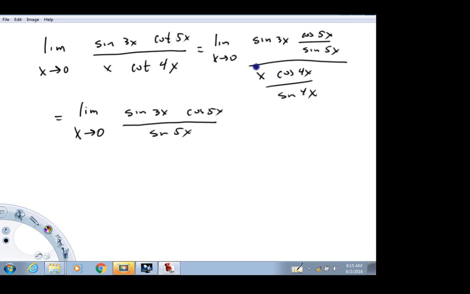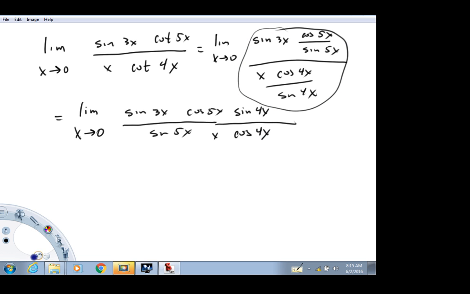Now, remember the old saying about dividing by a fraction? That's the same as multiplying by its reciprocal, which means this sine of 4x is going to be up top. And then in the bottom, we're going to have x times cosine of 4x. So what I've done here is just rewritten it to get rid of this compound fraction, get it down into one much cleaner looking thing.